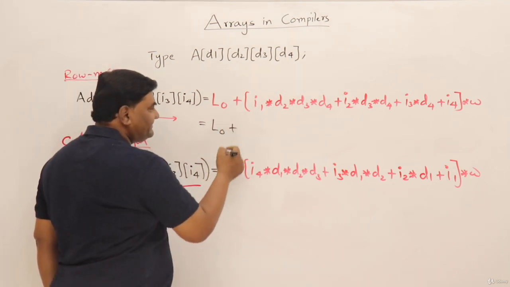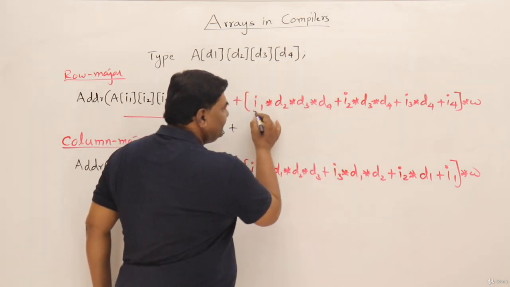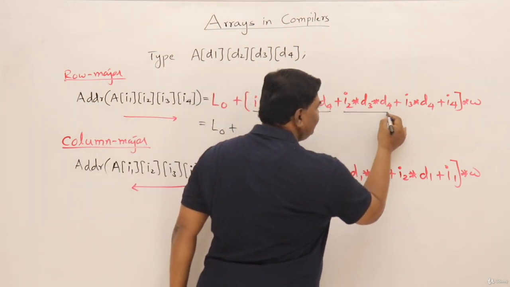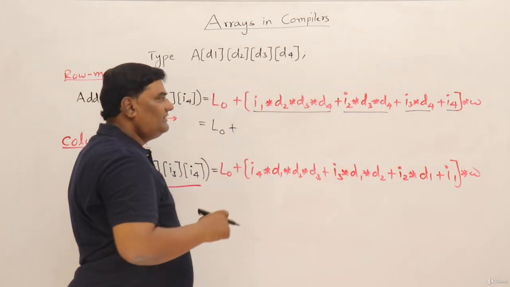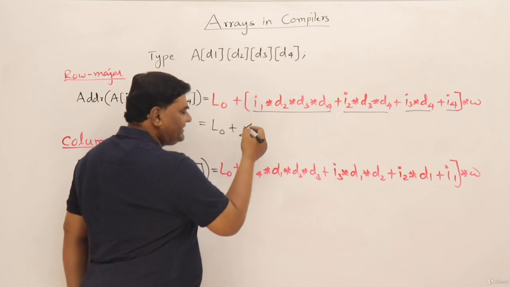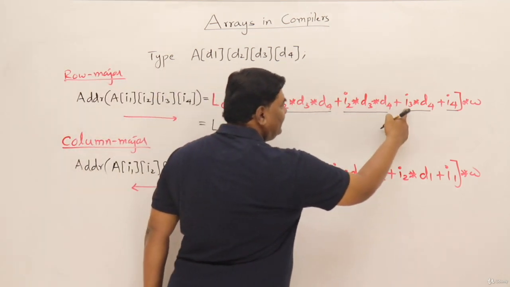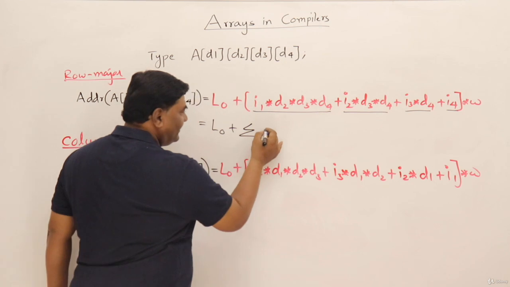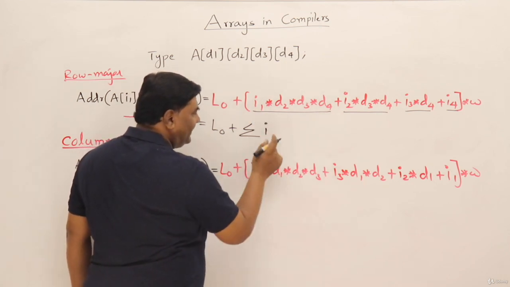L0 plus, see, all these terms are added. This is one term, then next this is the term, next this is the term, next this term. So a total of 4 terms are added. For addition we use sigma. And here I1, I2, I3 and I4 are used. So I and its subscript, that is I1, I2, I3.